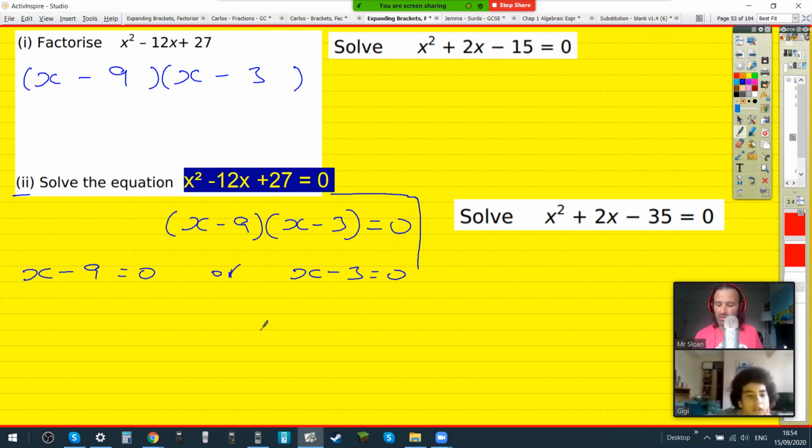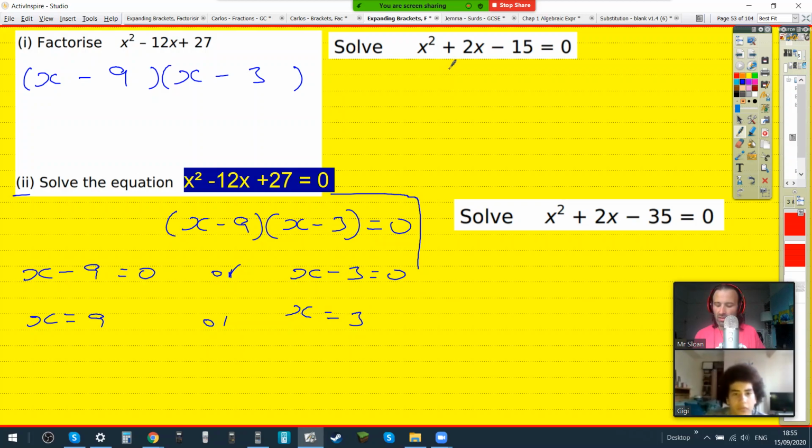Oh. So x minus 9 equals 0, so x will be 9. Yep. Or x will be 3. Equals 3. Well done.